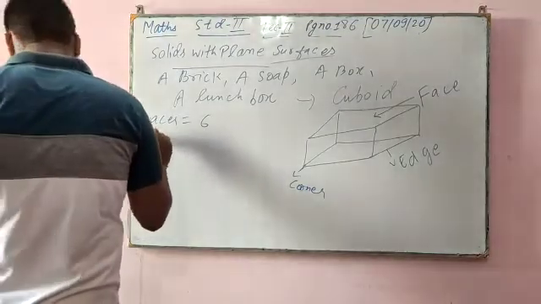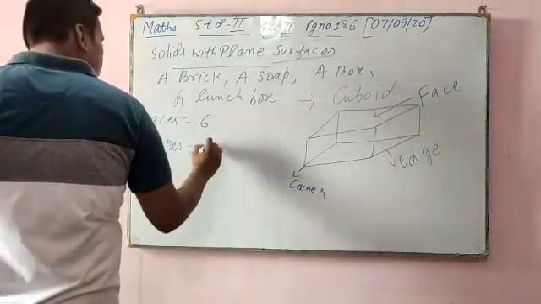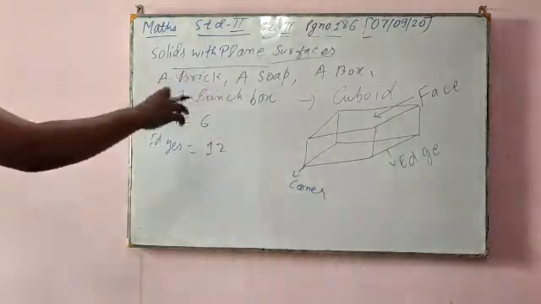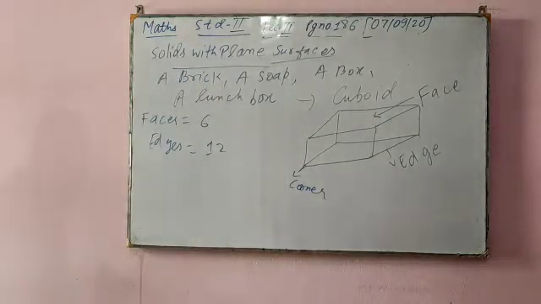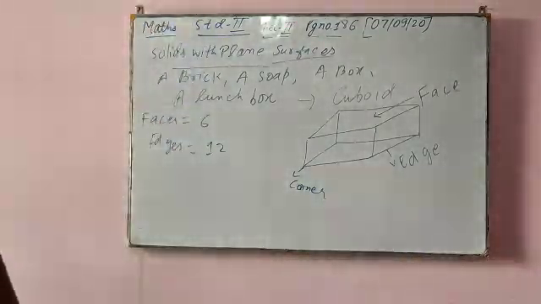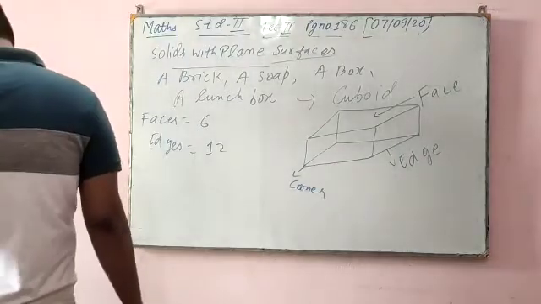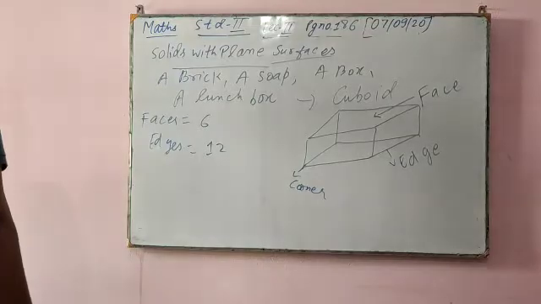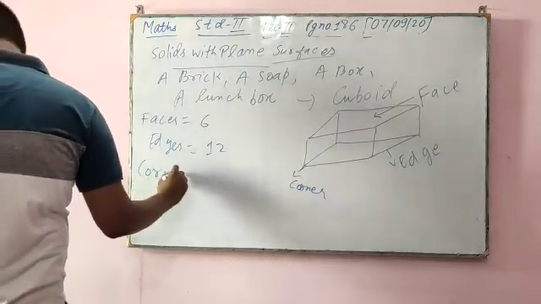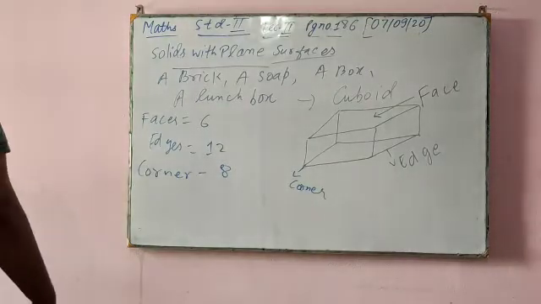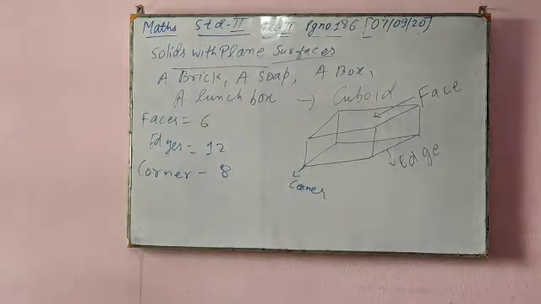It has 12 edges. When you count, you will find 12 edges because this is 3D. I don't have that Ludo one, otherwise I would have shown you. How many corners does it have? It has 8 corners. So 6 faces, 12 edges, and 8 corners.